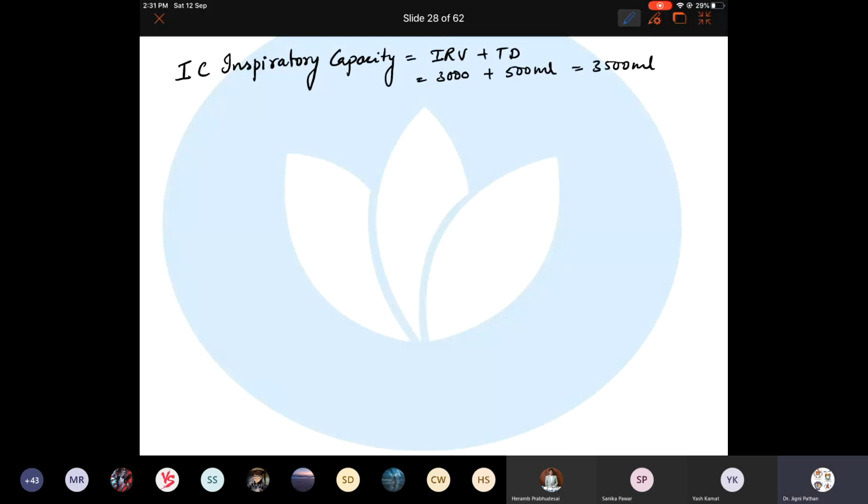Next, functional residual capacity. You write down this table and then I'll explain. Functional residual capacity, which is FRC.